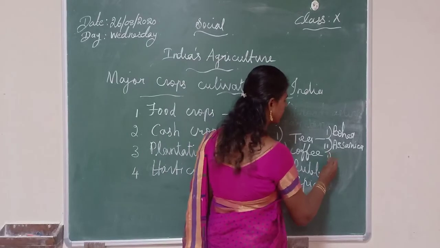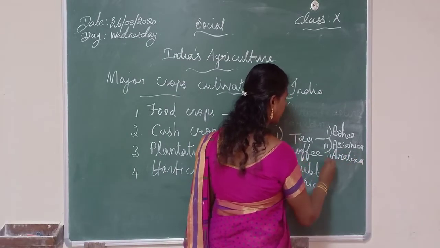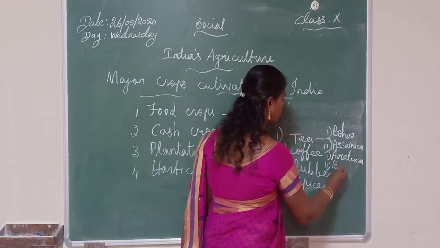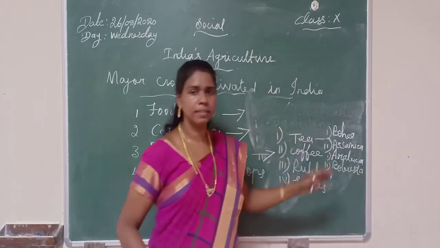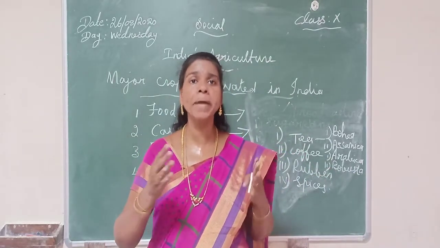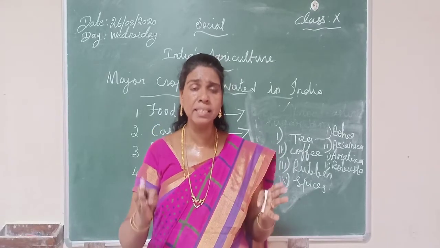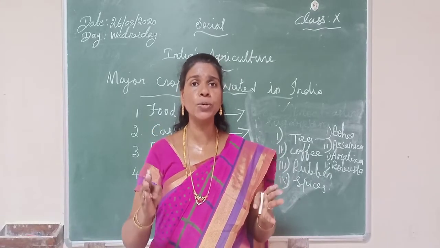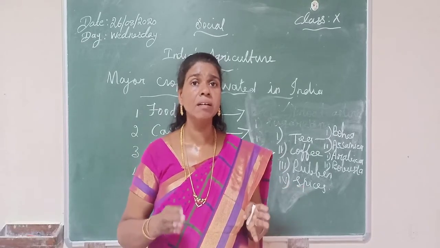The first one is Arabica, and the second one is Robusta. In India, some states cultivate coffee. Mainly, the main area is Karnataka, and some parts of Kerala also cultivate coffee.